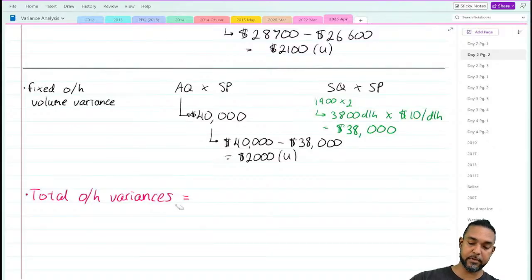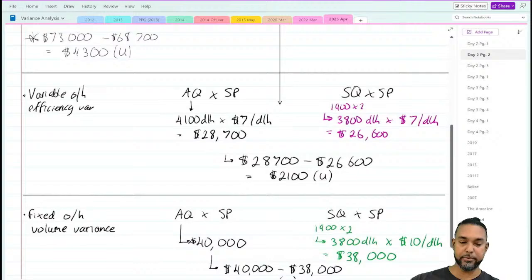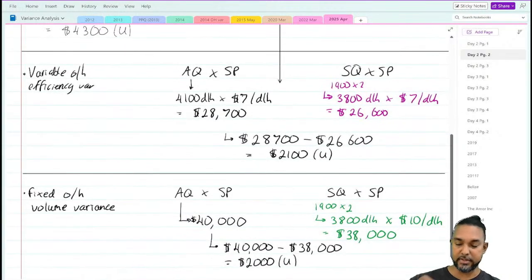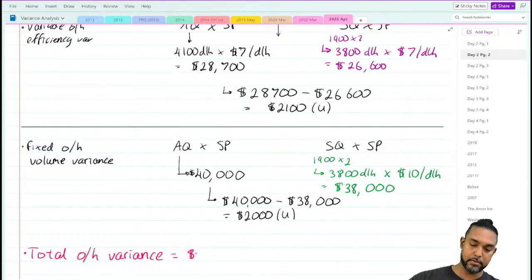Overhead variance, sorry, not variances, my bad. Right, so you start from the top. Now they were all unfavorable, right? So we have 4,300, top left hand side there, then 2,100, and then 2,000, right? Favorable.